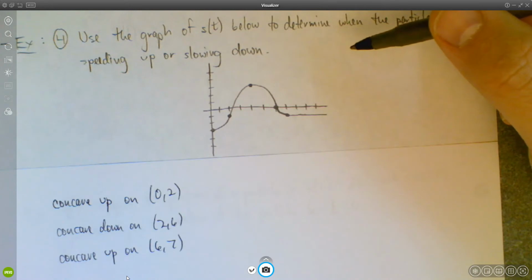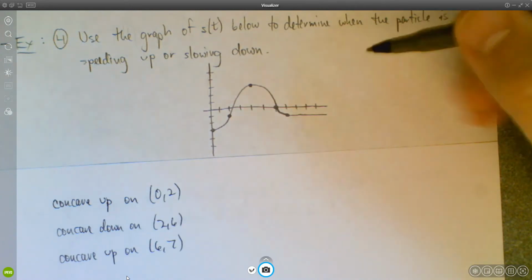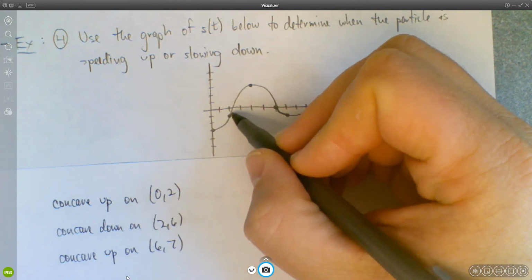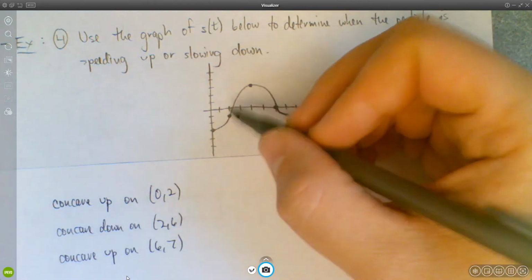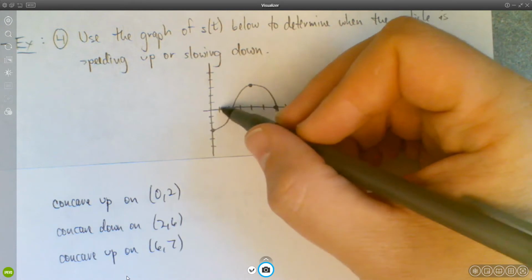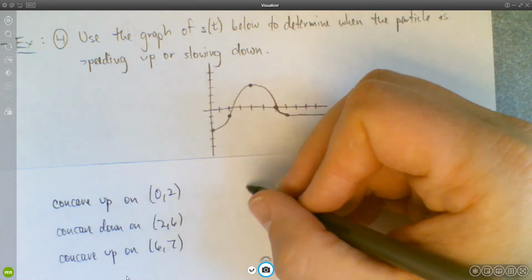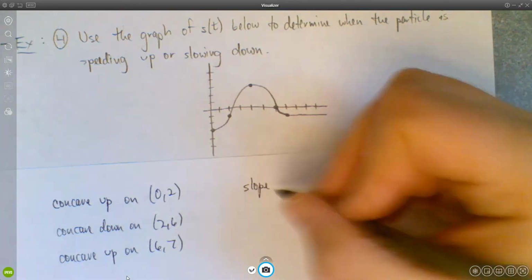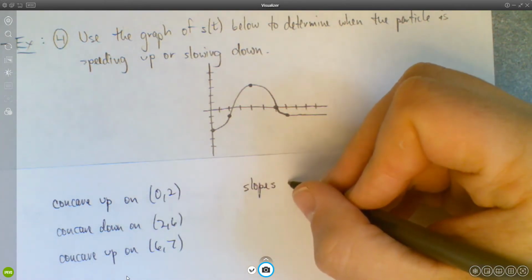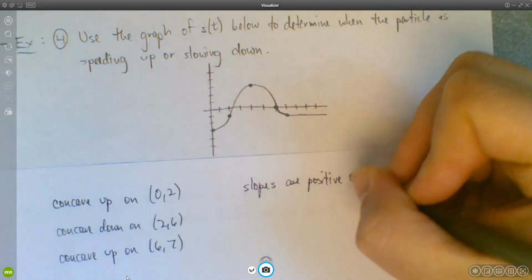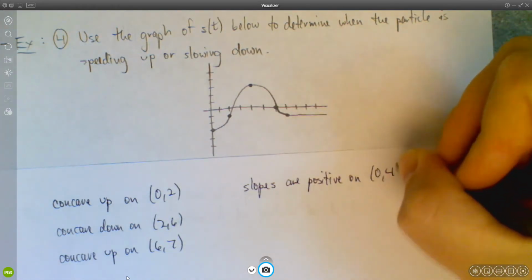Now, what about the slope of the tangent lines? So here the slopes are positive. They're still positive. So they're positive from 0 all the way to 1, 2, 3, 4. So slopes are positive from 0 to 4.